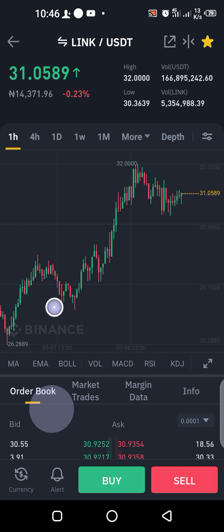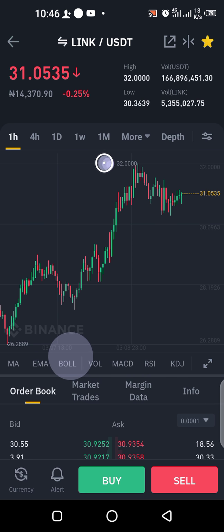You can call this one a major support level because the level was tested twice. That's a major support level. You can see another resistance, support, and a major resistance level here, a big one. And when the market got to 32, then it came down here, got rejected around this place, and now the market is consolidating.